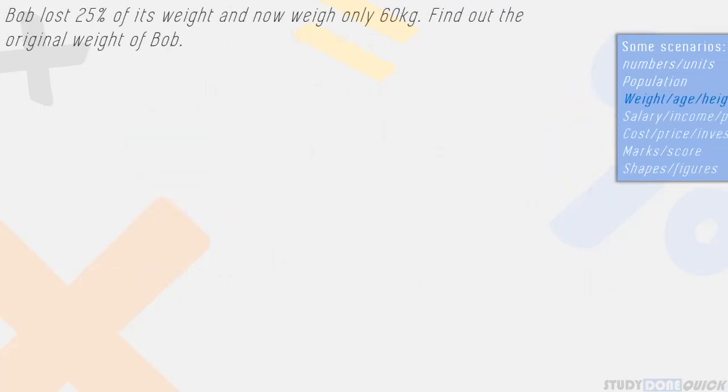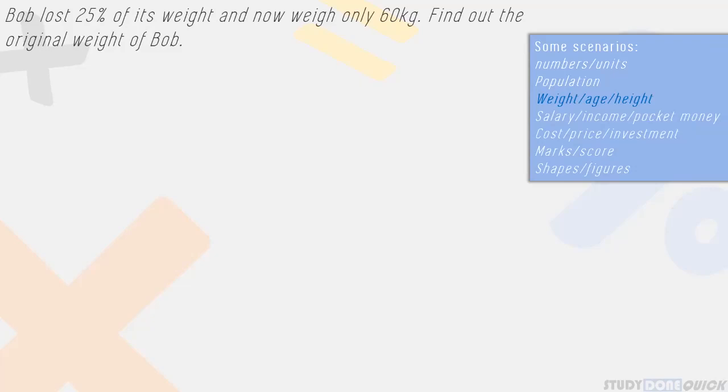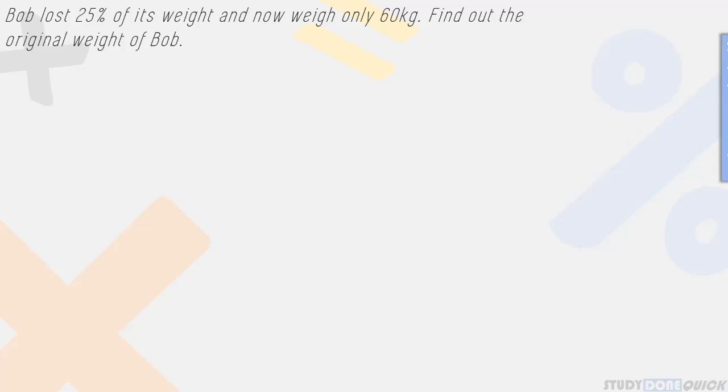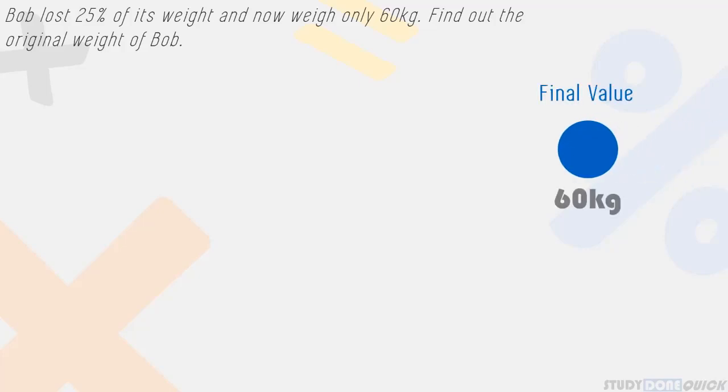But due to sickness, he lost a lot of weight, which takes us to our next scenario. So Bob now weighs only 60 kg after he recovered, which is actually our final value. But what did he weigh before all this? So now we need to find the original value, and we already know the final value. But we would still go at it the same way and just consider the original value as x for now.